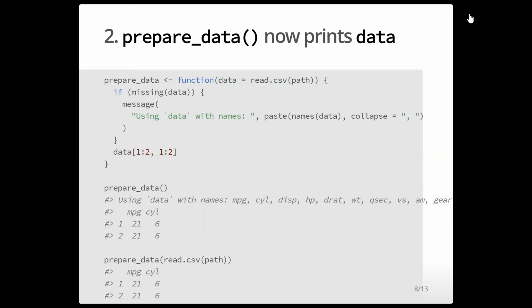So does that depend on this object data being available in your global environment, but not as one of the arguments of the function? I would expect the message function to error out unless an object named data existed in your global environment or somewhere else that this would have access to, right?